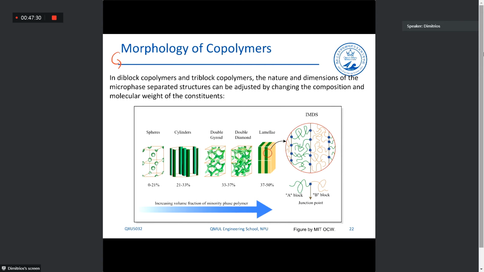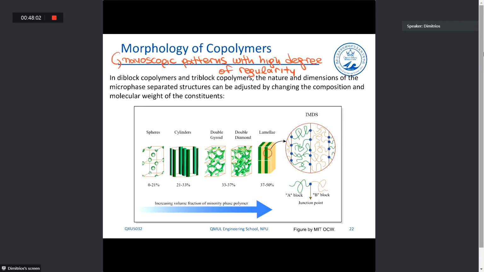So essentially, we create these two-phase structures where one phase is in the nanoscale.